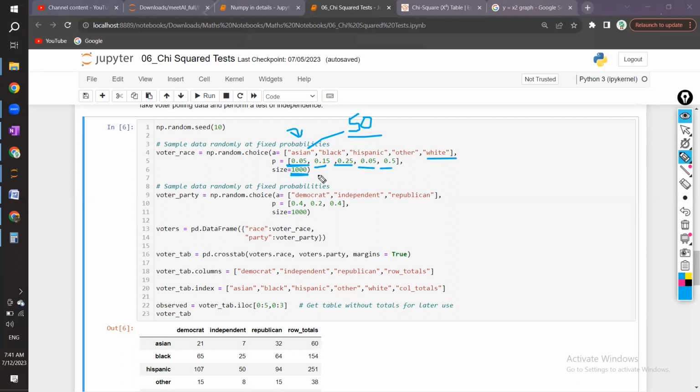That is how we are creating data. So 0.05 means 50 values we are taking for Asian. Now in this 50, what is the cross voter party saying? Voter party is saying 0.4% will be Democratic. That means 4% of 50. How much will it be?